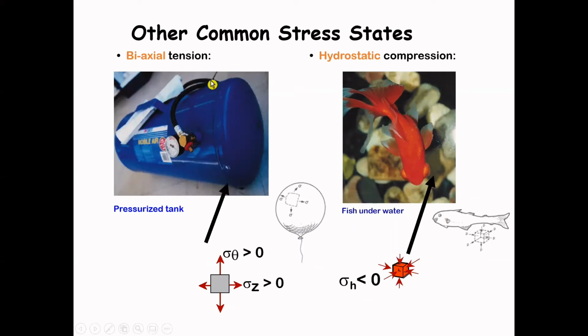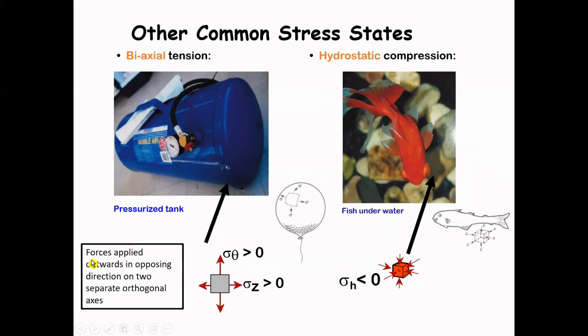Here we have other common stress states: biaxial tension and hydrostatic compression. When tension and compression forces act in two directions along the x and y axes on a specimen simultaneously, it is called biaxial tension, where the forces are applied outward in opposing directions on two separate orthogonal axes.